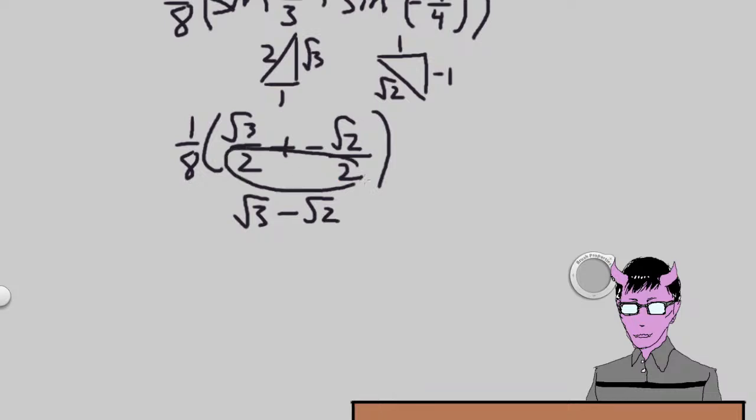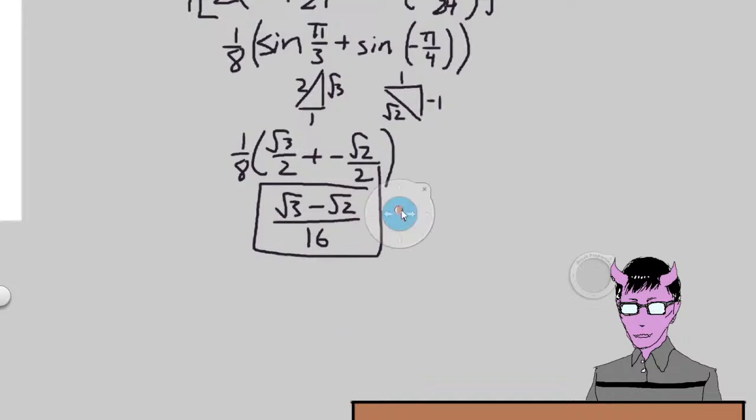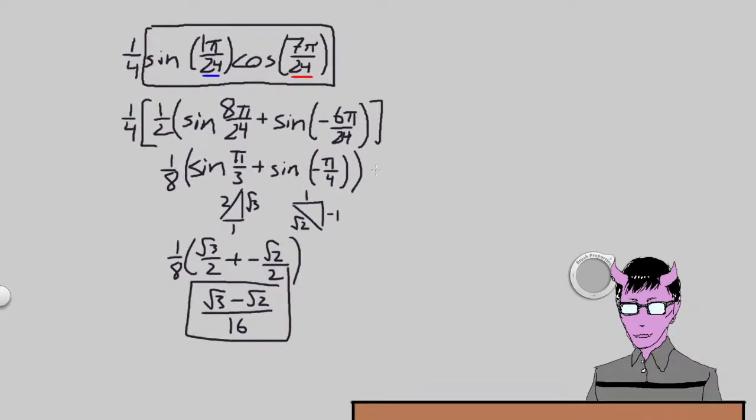And then we have a common denominator of 2, but that gets multiplied to the 8, so it becomes 16, and then we should be good to go. And that takes care of that particular problem.